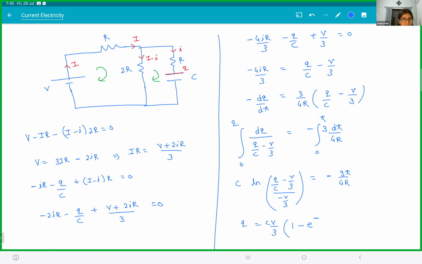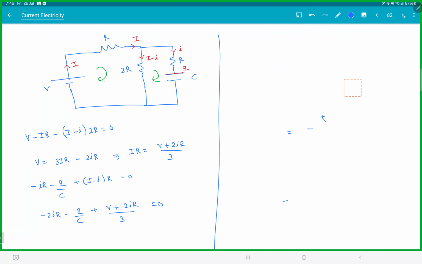Sir, in the third equation, it should be I minus i into 2R. Here, right? Yeah. No, I minus i into R, right? The whole thing goes for a toss. I had a feeling something went wrong.